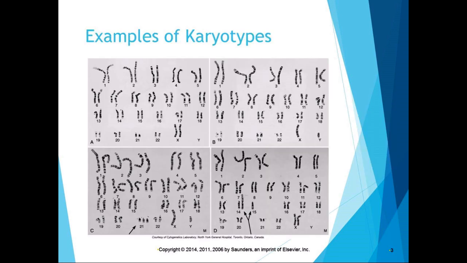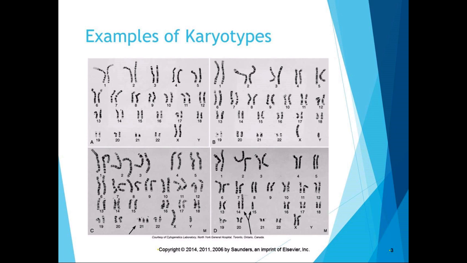This is an example of karyotypes from the book. The 2 on the top are normal, a female on the left and a male on the right, and the 2 on the bottom have some disorders that can be identified in the karyotype. The one on the bottom left is a trisomy 21, which is Down syndrome, and it's a male.